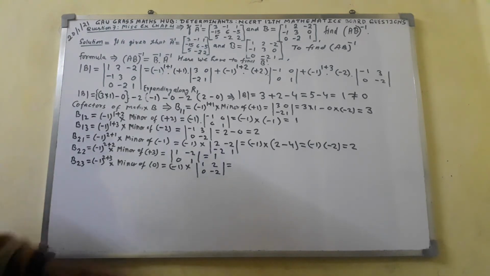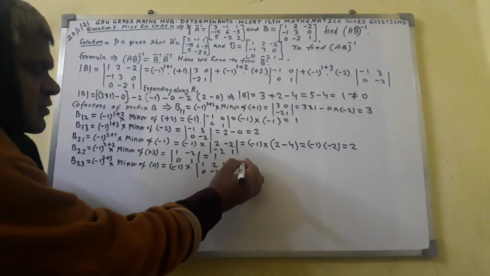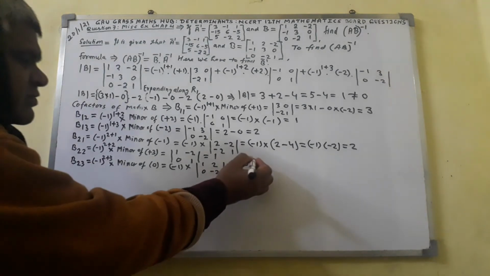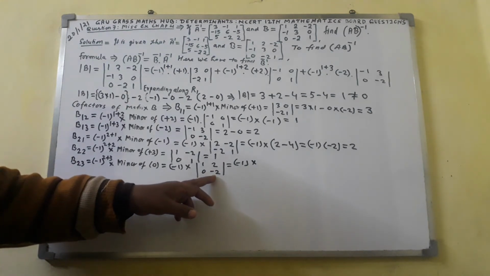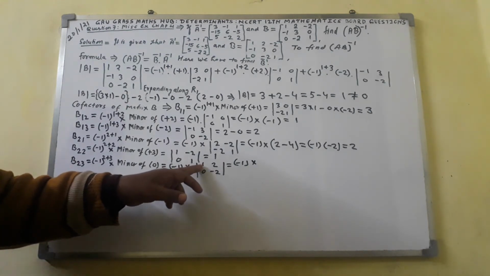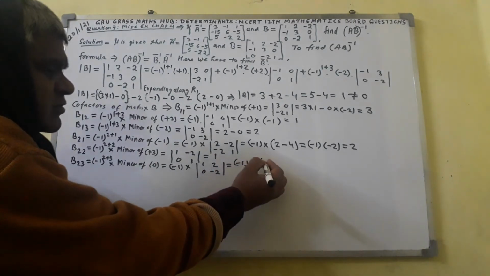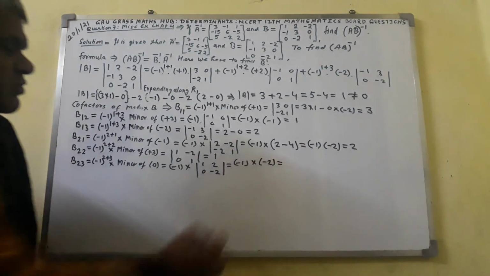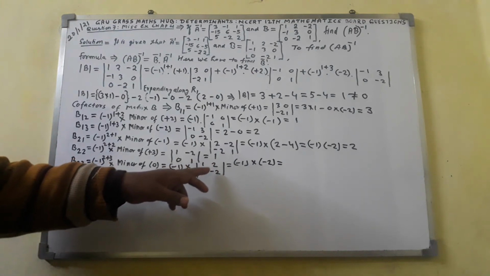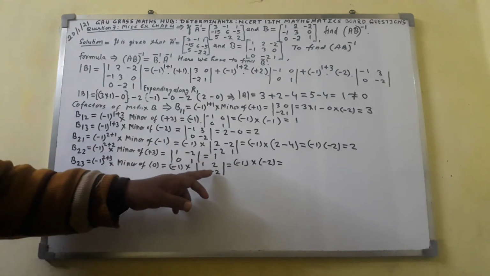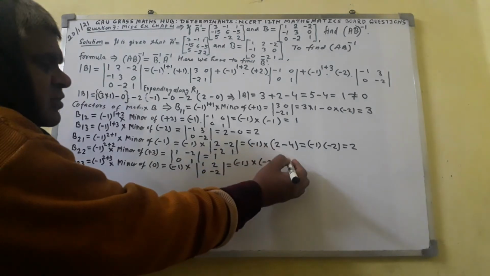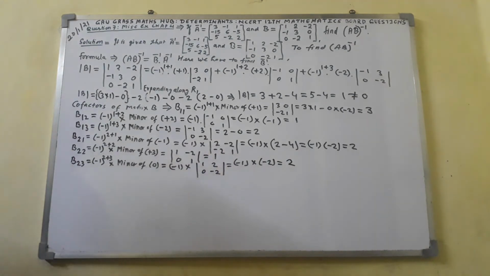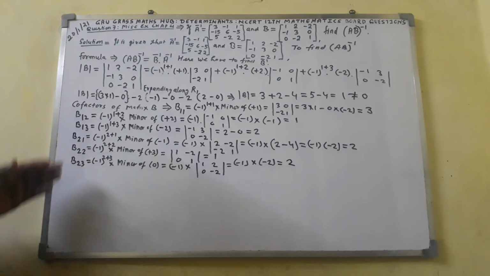What we will do here? -1 you will get multiply 2 and elements of principal diagonal -2 will multiply to 1. So comes out to here -2, and this reverse diagonal multiply 0 it will come. So -2 it will come out to be. So -2 or -1 multiply 2 you will get here 2 and again 3 things you have got here.